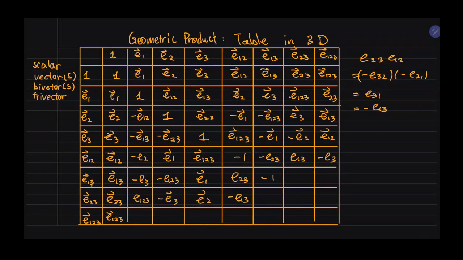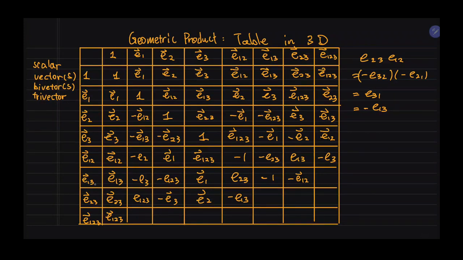So we have E13. Now we go back here to calculate this one, E13 E23. So we have a basis swap, so this is E13 E12, minus, I think minus E12, because we swap the order of these two, so we get the minus sign. And then yes, that's correct.